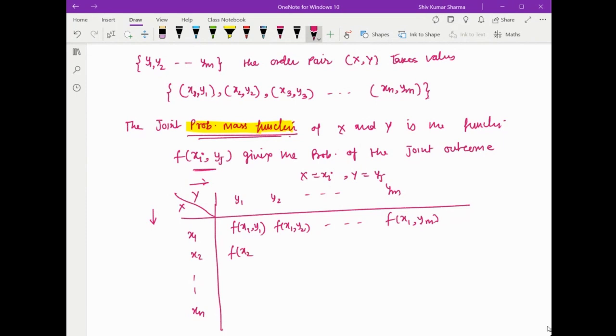Similarly f(x2, y1), f(x2, y2), f(x2, ym), and so on, up to f(xn, y1), f(xn, y2), f(xn, ym).